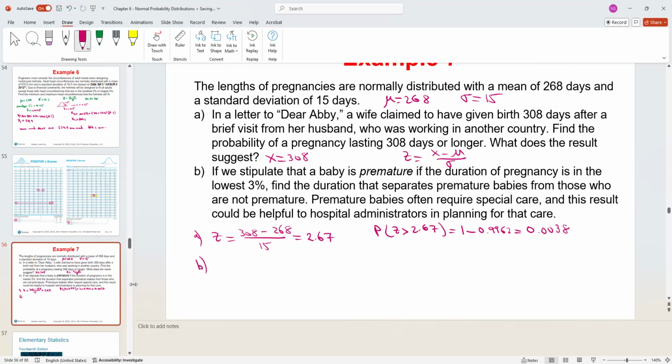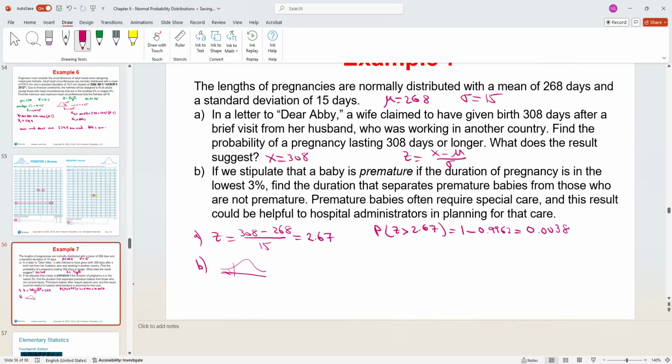They said if we stipulate that a baby is premature if the duration of pregnancy is in the lowest 3%, find the duration that separates premature babies from those who are not. For this one, we need to find the lower 3%.